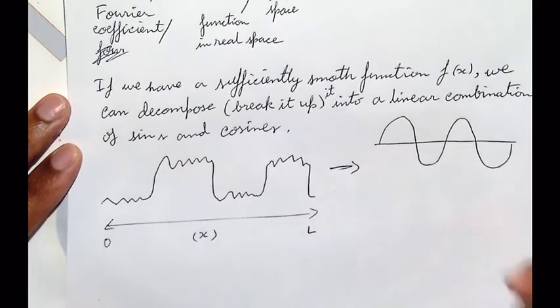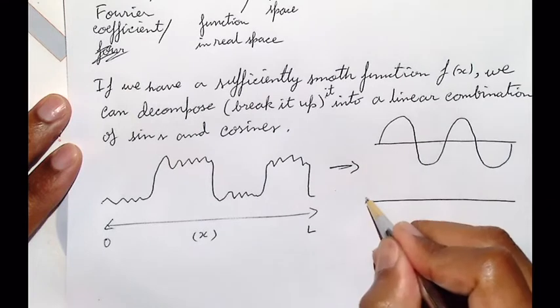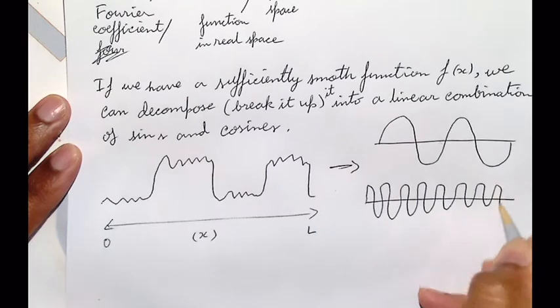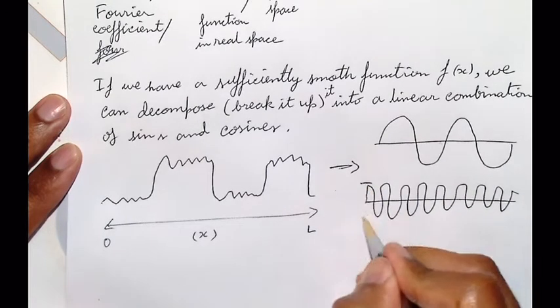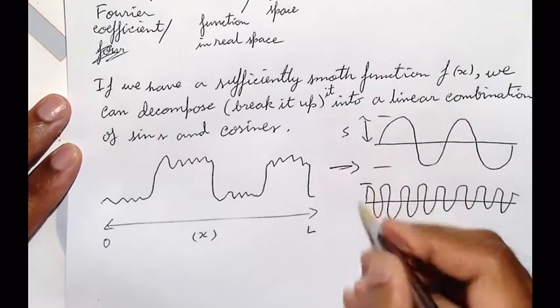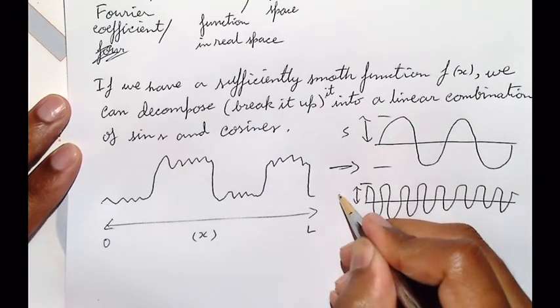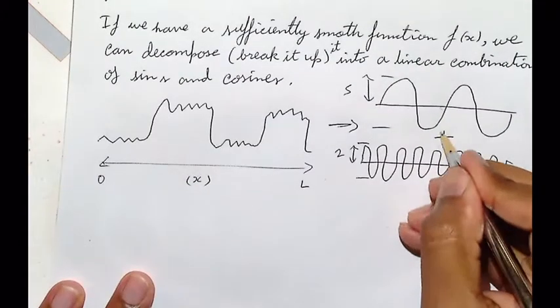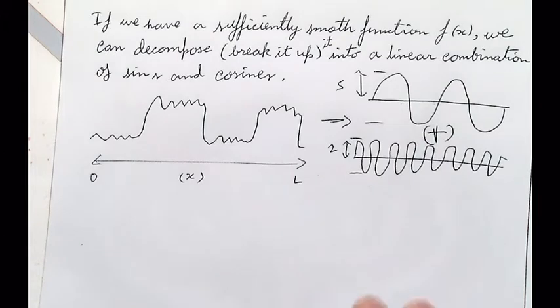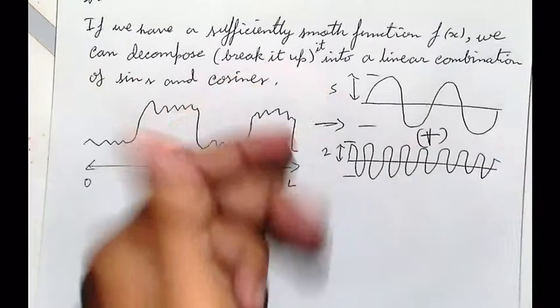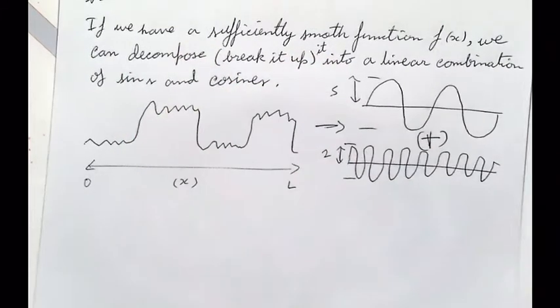So one sine wave with frequency 2, another with a much higher frequency, but a different amplitude. Here the amplitude might go from 0 to 5, here from 0 to 2, let's say. Again, this is just a cartoon example. So the Fourier coefficient is just trying to decompose this original signal into a linear combination of sines and cosines. That's it.